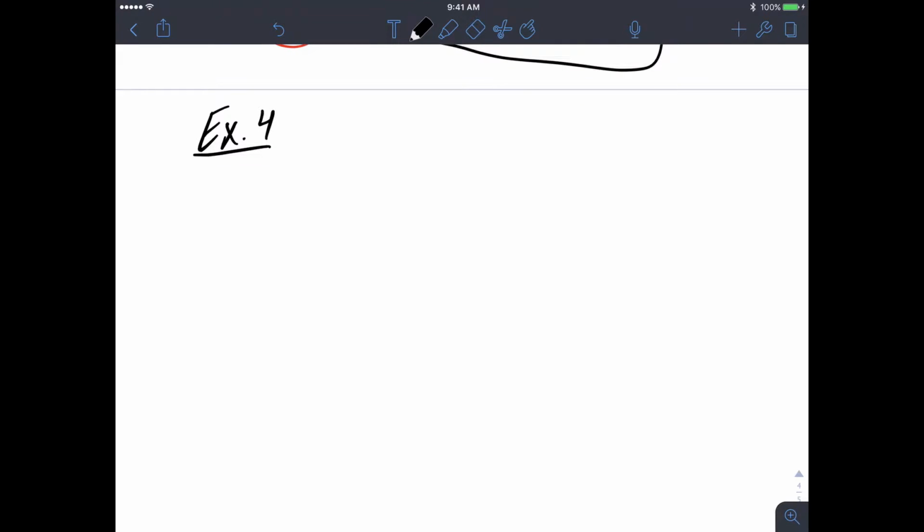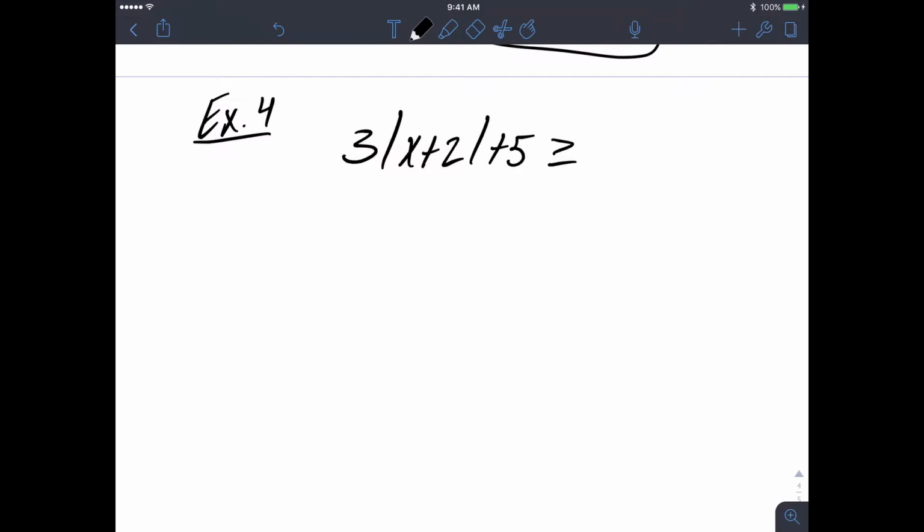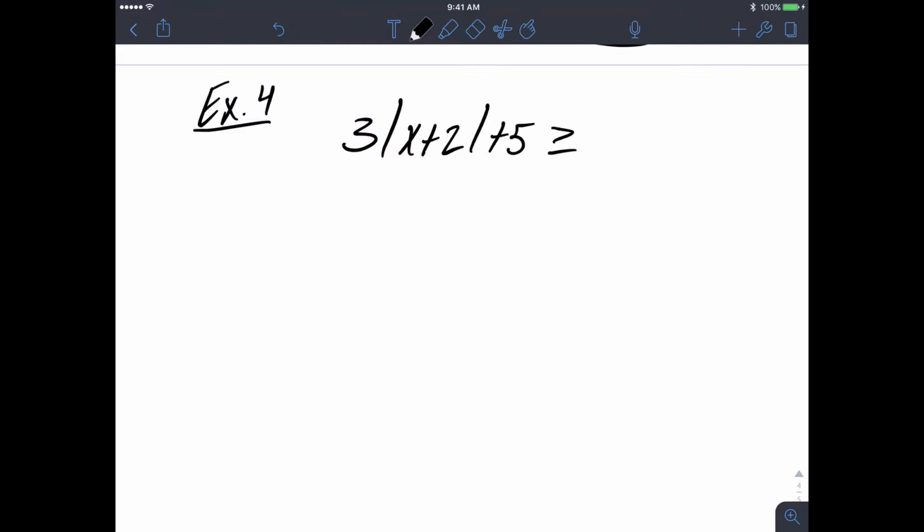I'm going to do a super difficult one. 3 times absolute value of x plus 2, plus 5 is greater than or equal to 23.